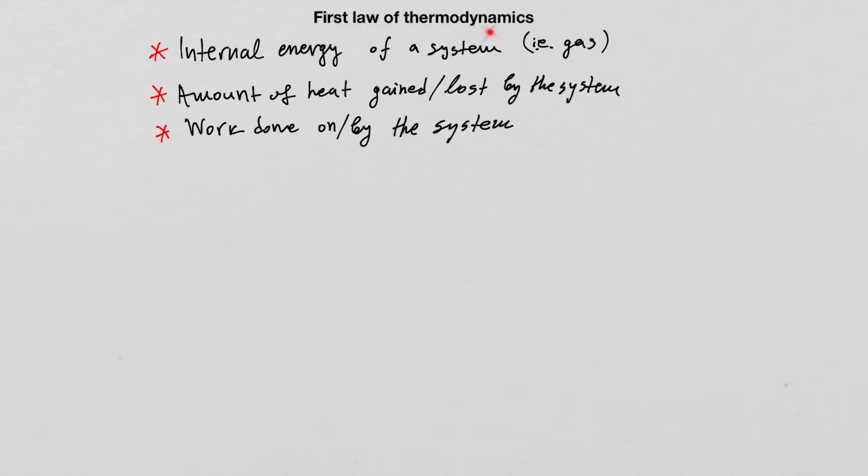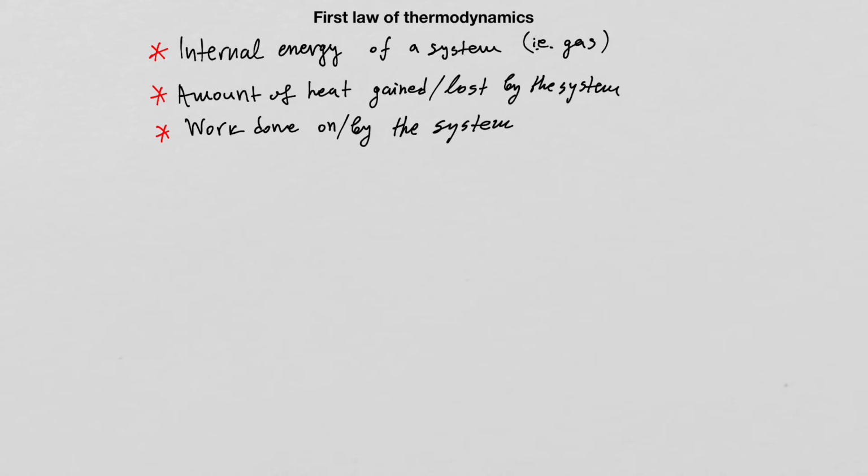The first law of thermodynamics is about the relationship between the internal energy of a system, for example, gas. Remember, the internal energy was the energy that the molecules or atoms of the system contain or have. This internal energy was the sum of the kinetic energies of translation, rotation, vibrational kinetic energies, possibly potential energies of interaction between the molecules or atoms of the system, and then there can be others as well.